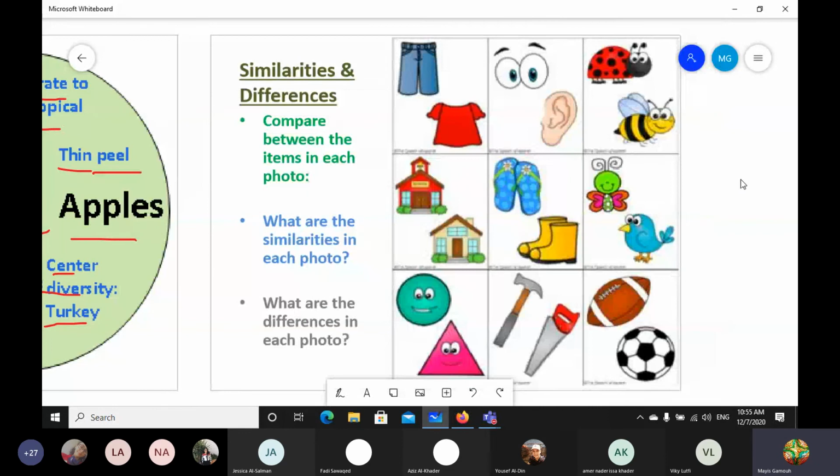I want to talk about the bee and the ladybug. I think the difference is the bee has a needle in her body to protect herself, and it has black lines, and the ladybug has spots on her body, yes, dots or spots, and both of them have 6 legs.